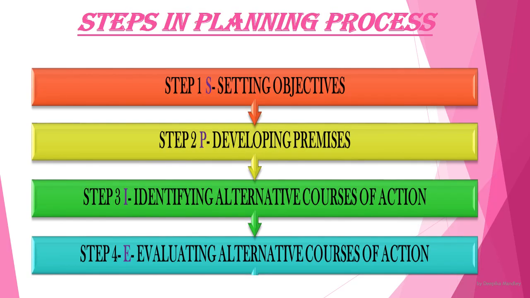So we have discussed today the first 4 steps in the planning process: setting objectives, that means set targets and results; developing premises, that is assumptions, predictions regarding the future; identifying alternative courses of action, that means finding various options available to achieve the objectives; and evaluating alternative courses of action, that is comparing all the available options with their pros and cons and choosing the best one.